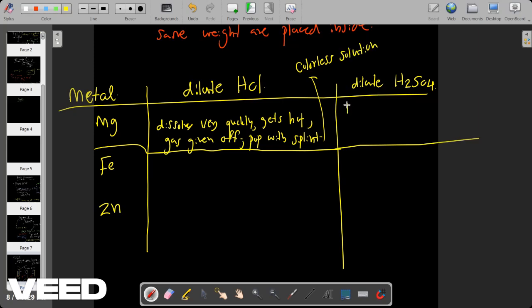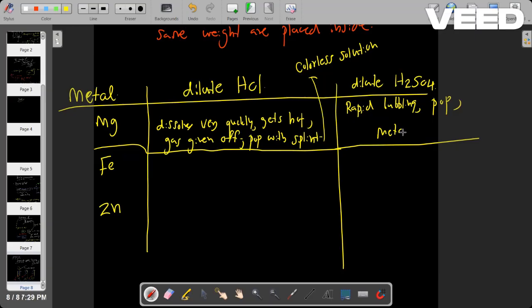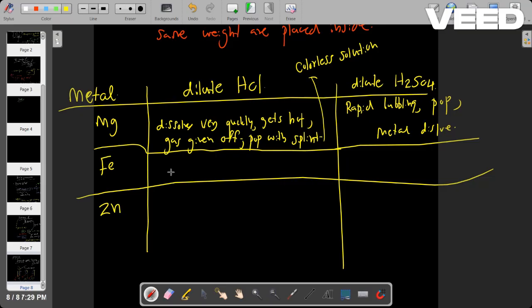Rapid bubbling, pops loud, metal dissolves. With iron, much more slowly, right?